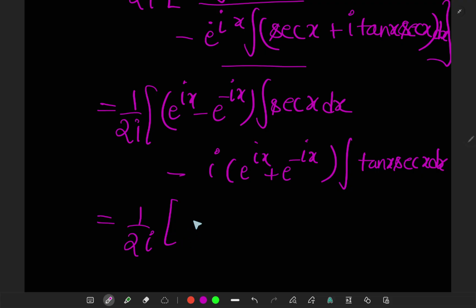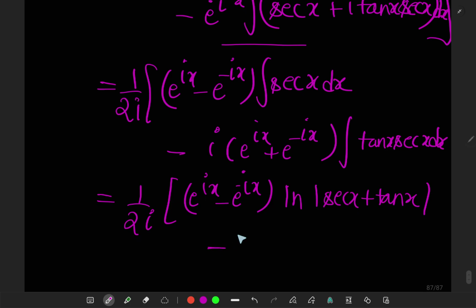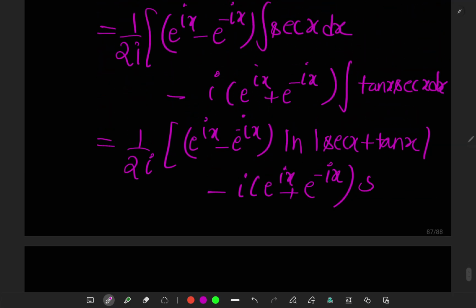Now integration of sec x is log sec x plus tan x. Integration of tan x sec x is equal to sec x plus c.